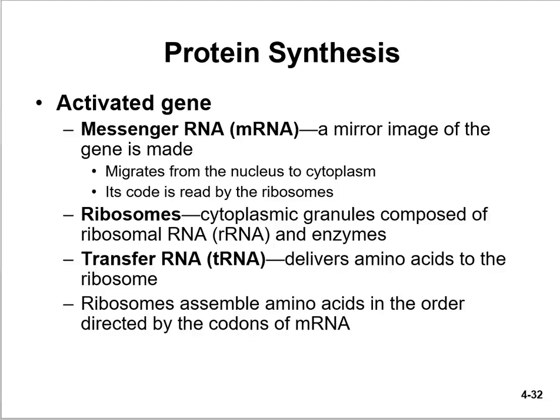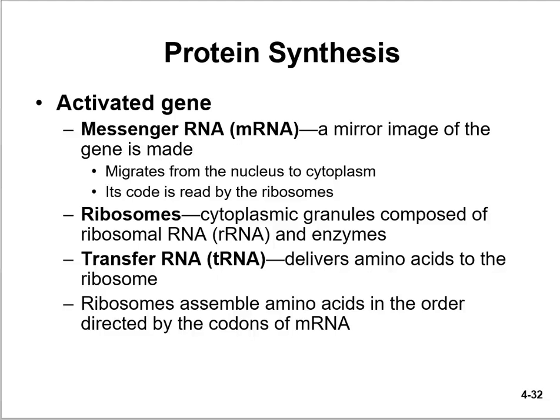It can go to a ribosome that's on an ER. The ribosomes are cytoplasmic granules that are composed of ribosomal RNA, remember, that's more of the clumpy RNA, and enzymes. Transfer RNA, again, that's the clover leaf-shaped RNA, is found in the cytoplasm, bound to an amino acid, and it's going to deliver those amino acids to the ribosome.